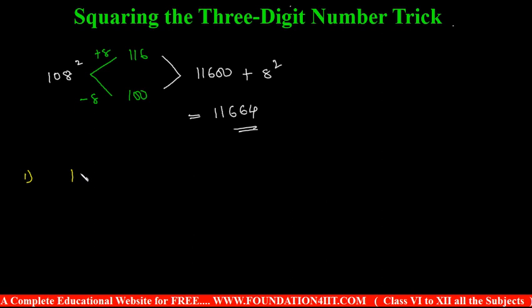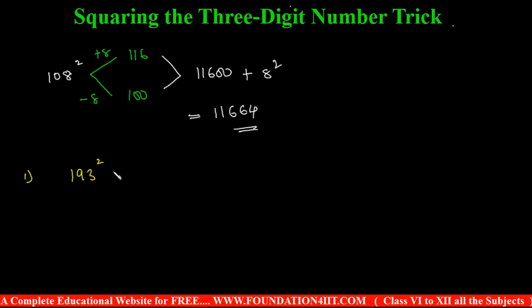Take the number 193 squared. Same concept. A little practice is required, then you can do it orally. Just look for the number which is near a multiple of hundreds or tens. 193 is near 190 or 200.